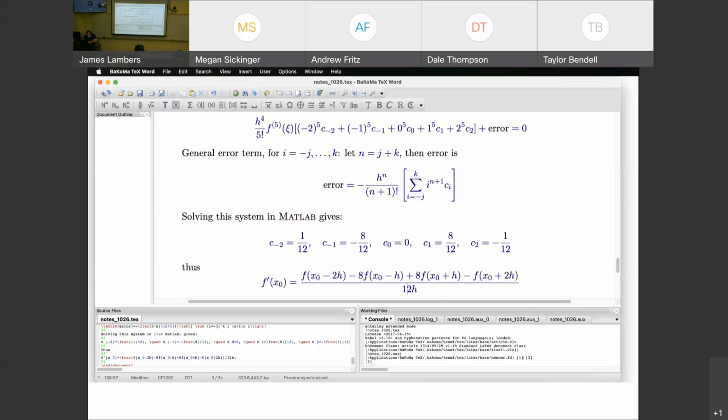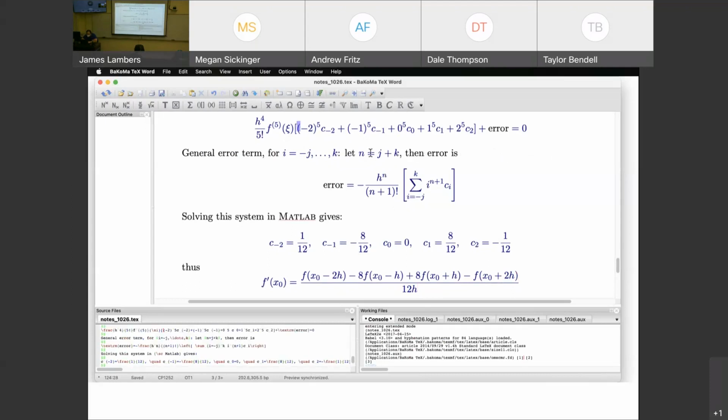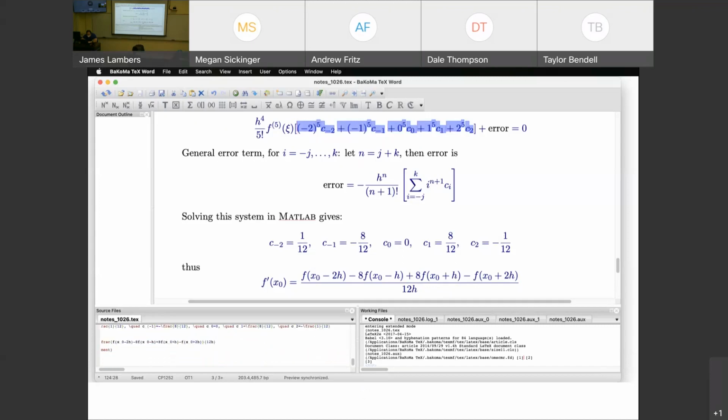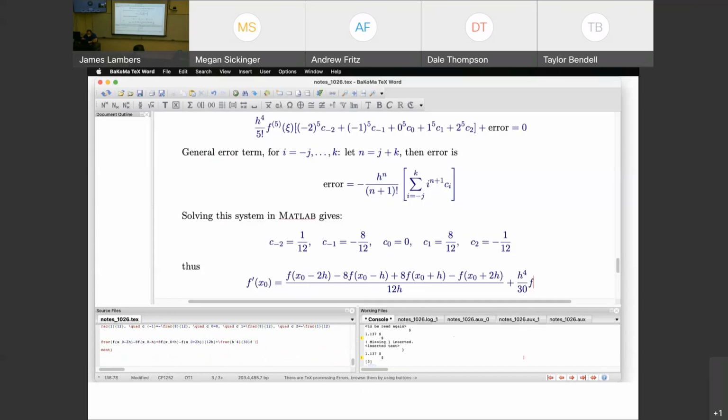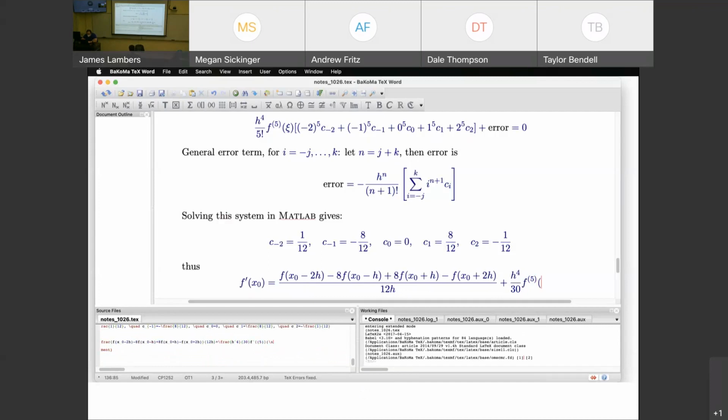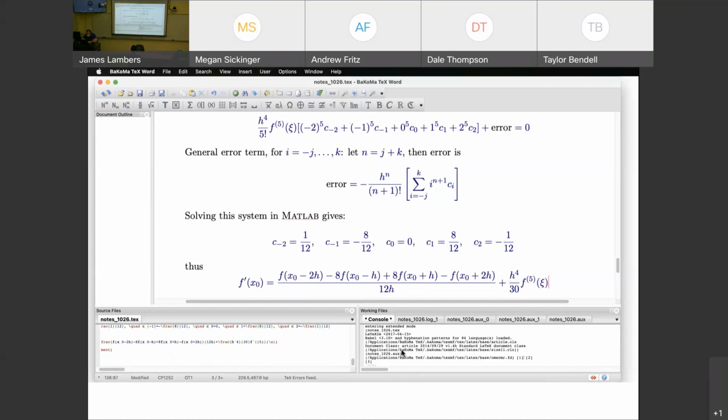And then when the coefficients are substituted in here, what you get is minus 4. And then 5 factorial is 120. But then you get this minus sign in here. So the error that you get is plus h to the 4th over 30, fifth derivative at an unknown point.